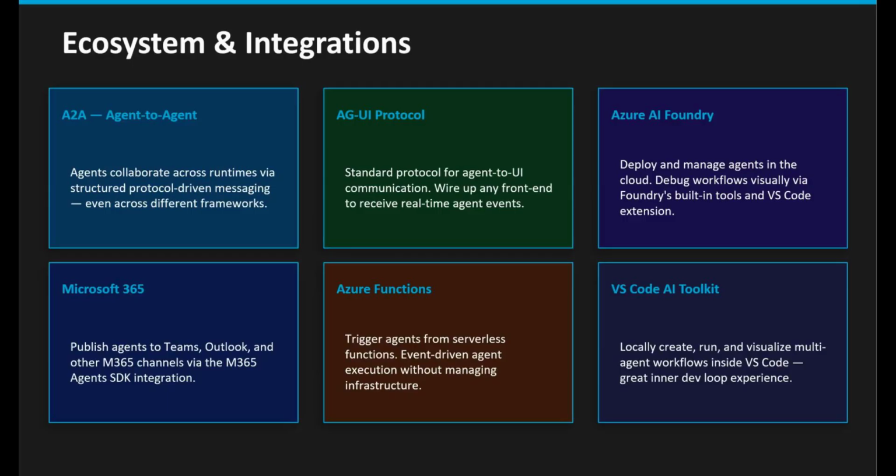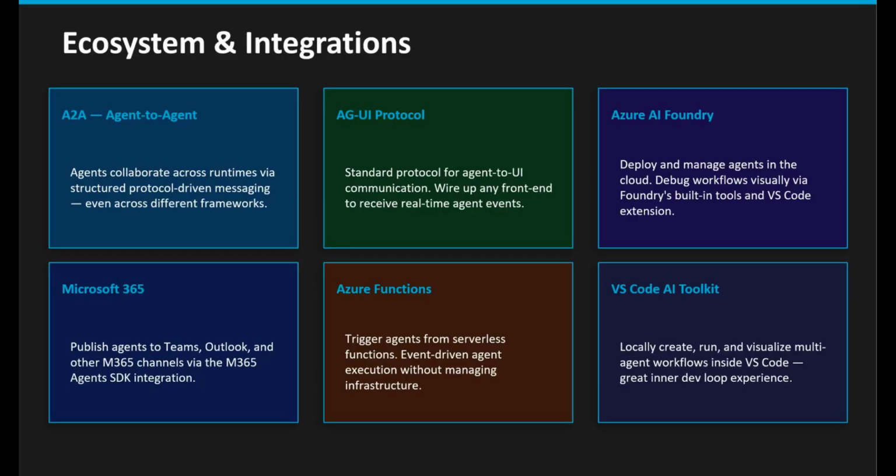Then there is AG-UI, which stands for Agent User Interaction Protocol, which gives you a clean, standard way to connect your front end and receive real-time events from the agent. It's perfect if you want to build responsive, streaming user interfaces. For production, Azure AI Foundry is where you deploy and manage your agents. You can even debug and visualize your workflow directly in the portal, which is a total game changer when you are troubleshooting your agents.